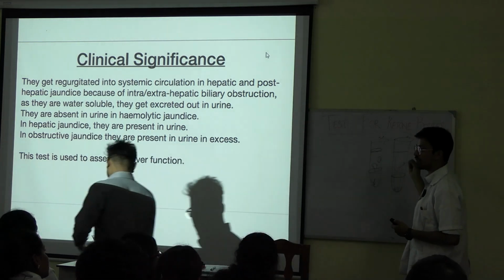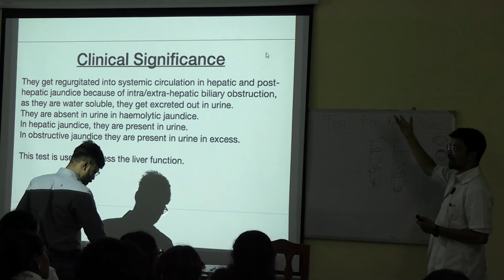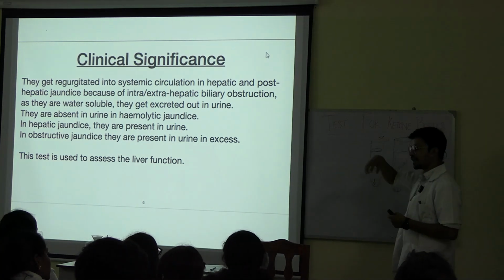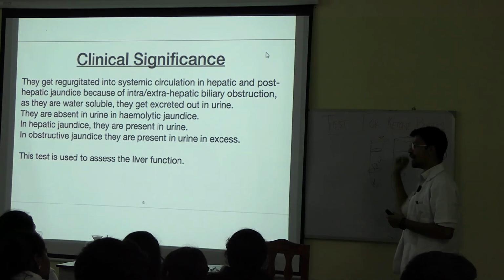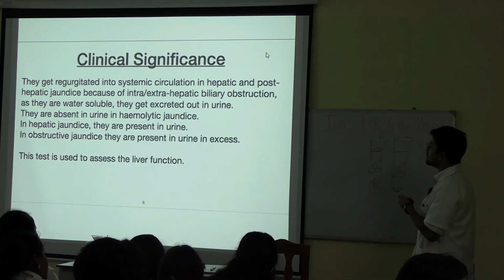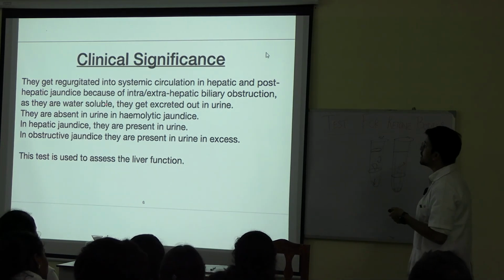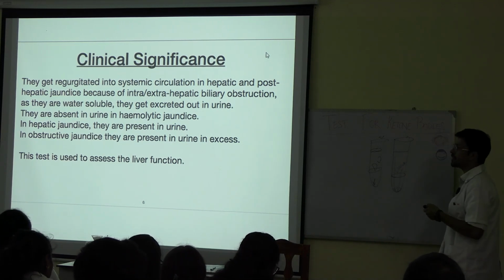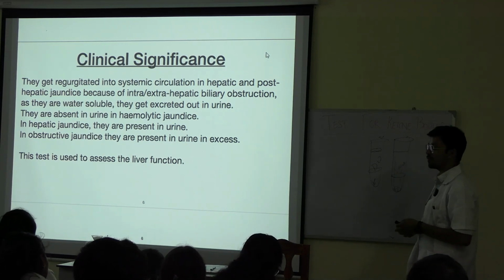Because of that obstruction, the bile is getting regurgitated. Regurgitated means it cannot come out from the liver. It is getting back into the liver, and then it is getting mixed into the systemic circulation. Once it gets mixed into the systemic circulation, they are water soluble and get excreted out in the urine. The same thing is written over here that I have already explained with the photo.